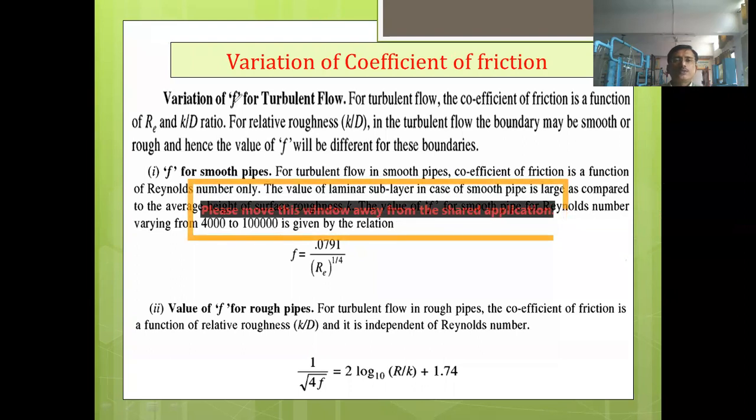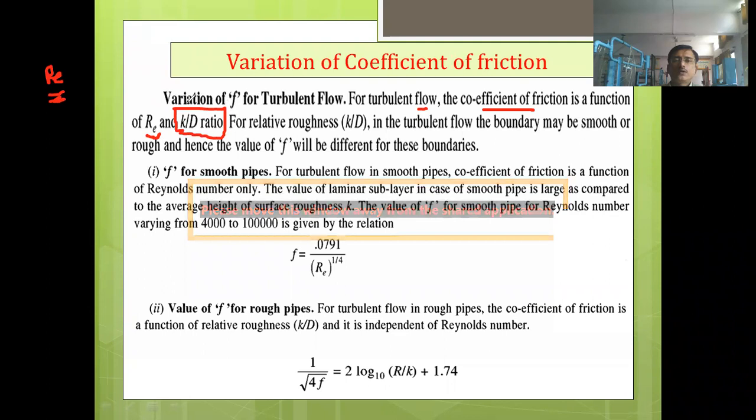Now here, variation of f for the turbulent flow, how it varies. For the turbulent flow, the coefficient of friction is a function of Reynolds number and k by D ratio. त्या ठिकाणी लॅमिनर फ्लो मध्ये it was the function of only Re. Reynolds number चं फंक्शन होतं, but in case of turbulent flow, now this f is a function of Reynolds number as well as it is the function of relative roughness.